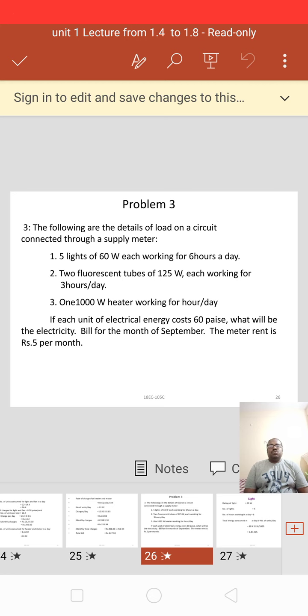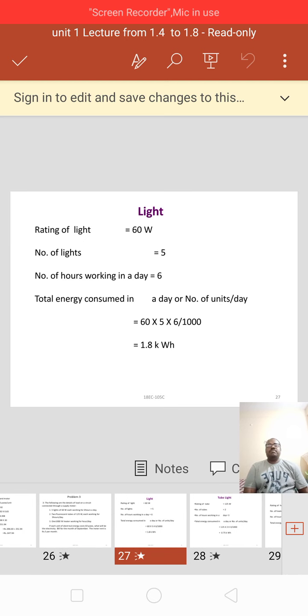If each unit of electrical energy costs 60 paise, what will be the electricity bill for the month of September? The meter rent is 5 rupees per month. Okay, this is the given problem.